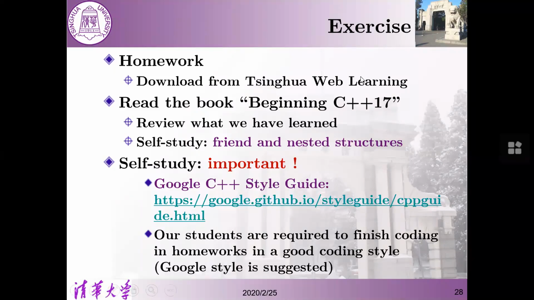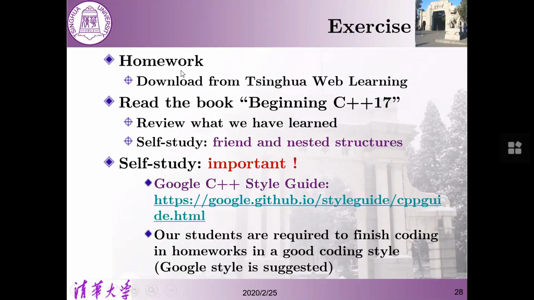Otherwise, if your programming style is not accepted by others, it may affect your homework credits, because other students will evaluate your homework after you finish it, okay? Anyways, I suggest that from now on, if you write some code, stick to a good coding style.